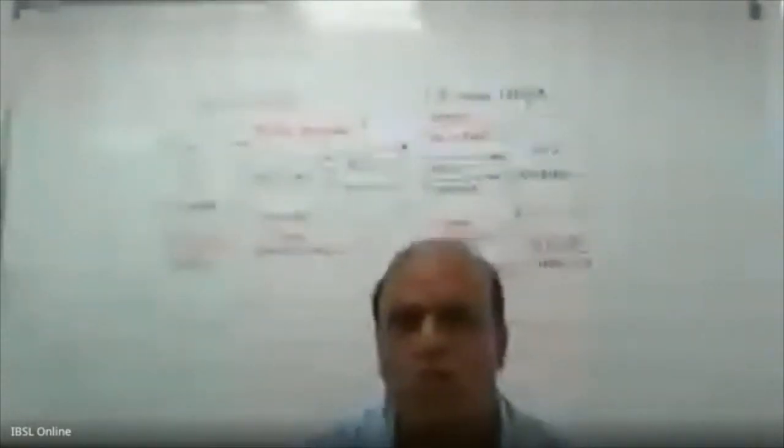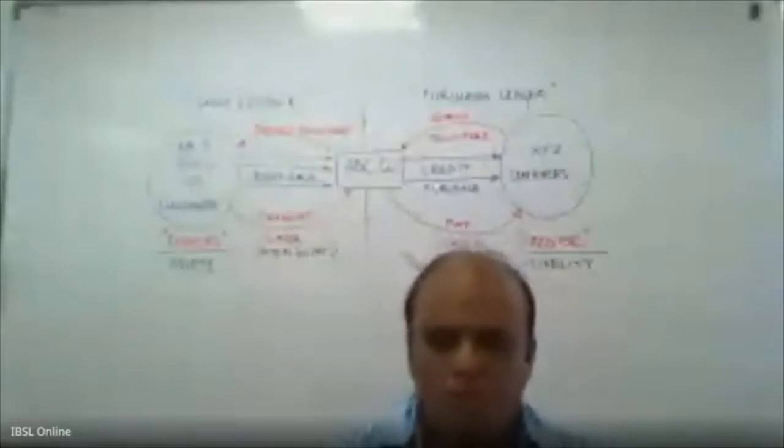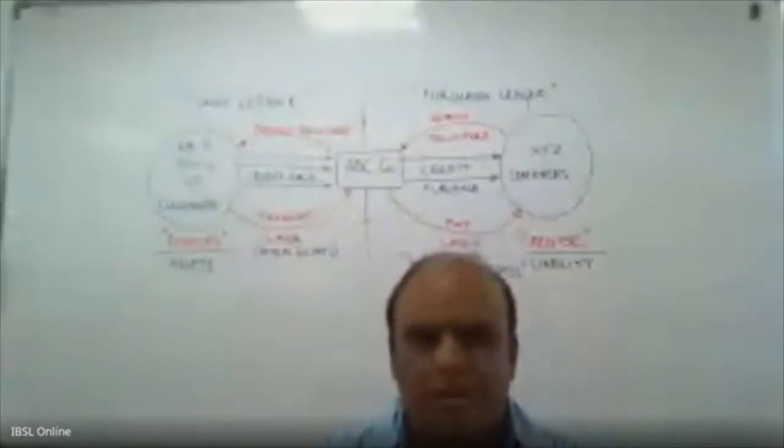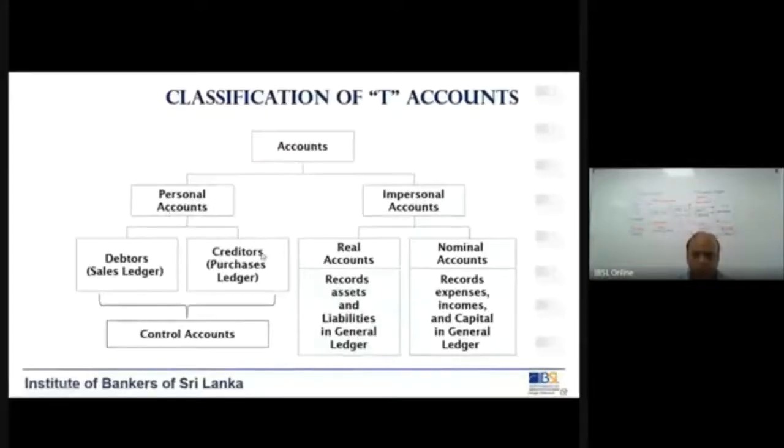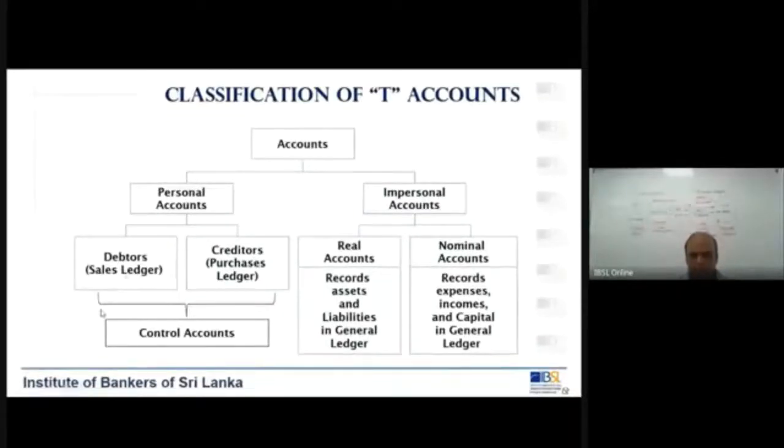Right, so this is where we were. I just wanted to explain what is a debtor and what is a creditor. So I hope now it's very clear to you. And why we call them personal accounts, I will explain with the same example. Here you will see Mr. B. Mr. B is one of your debtors, so you have to maintain an account in the name of Mr. B. That becomes your personal account.